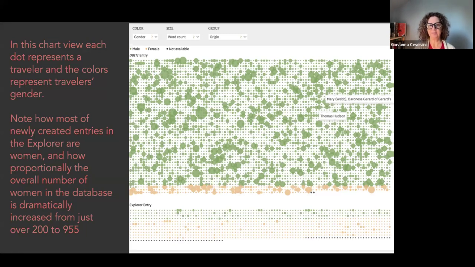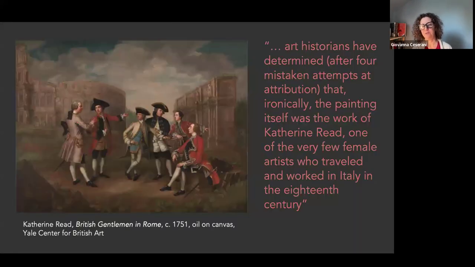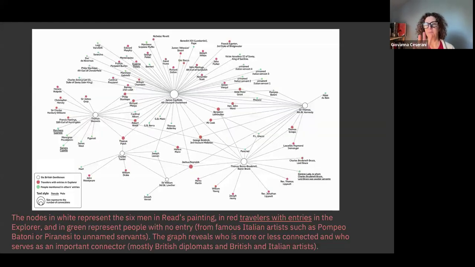So if you remember the slide that we saw before, this selfie of these six British young men in Rome, if you work with the data that we have in the database and construct a force network of their relations, you see many more people appearing.